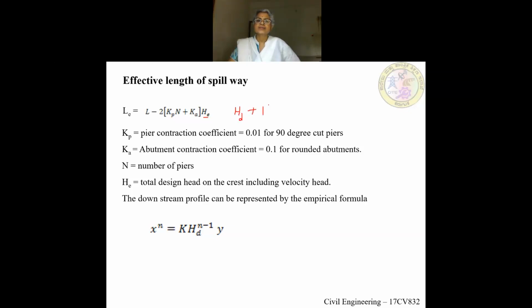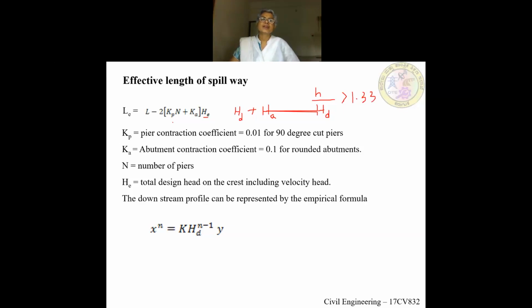So when HA becomes 0, HE will be equal to HD. When will HA be 0? It will be 0 when small h, the height of the spillway, divided by the design head HD is greater than 1.33. If it is greater than 1.33, then HA will become 0.